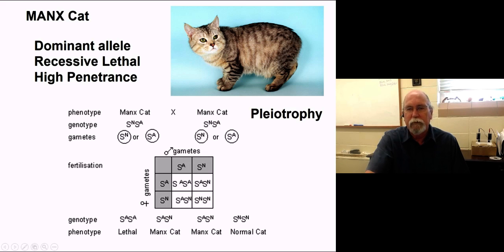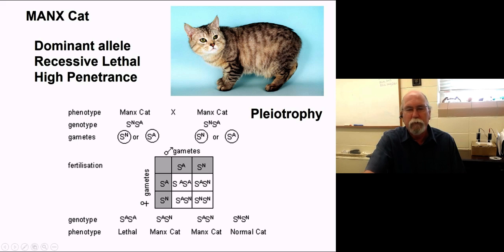And what you see is a cross that looks something like this, okay? A Manx cat has to be a heterozygote, so you're heterozygotes for normal or absence of a tail, so het times het. You do a little Punnett square with that, and what you end up with is this homozygous allele is a lethal, so you lose those.